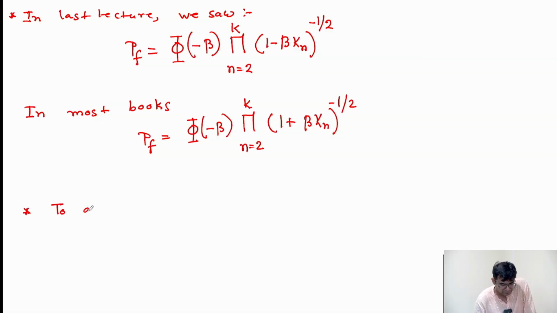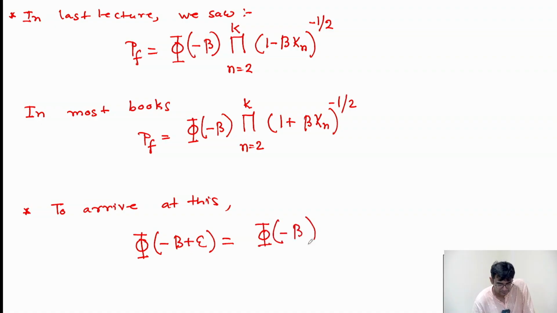To arrive at this, we used an approximation: capital phi of minus beta plus epsilon is approximately equal to capital phi of minus beta times exponential of beta epsilon. This is the approximation that we used last time, and when this approximation holds, we started discussing that, but we never completed it. So let us complete that today.